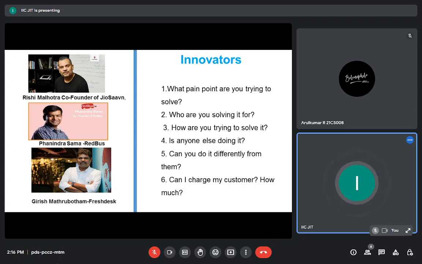Then the second thing is, who is your customer? Now you have identified the customer's pain point, you have to identify the exact customer segment. In the second example, who is the customer for RedBus? Passengers?